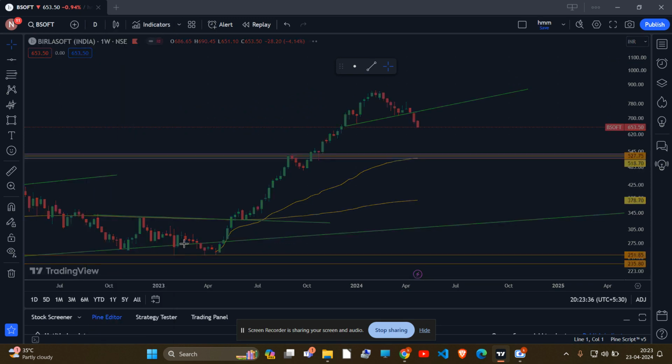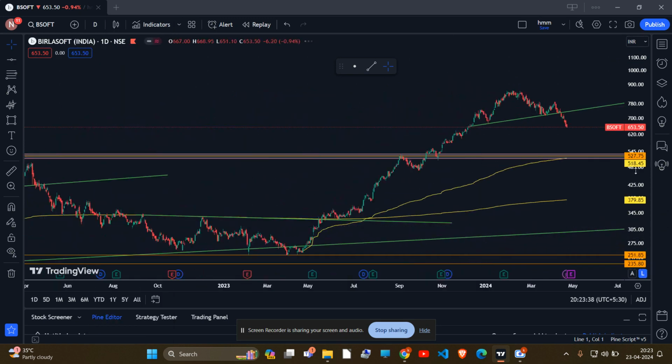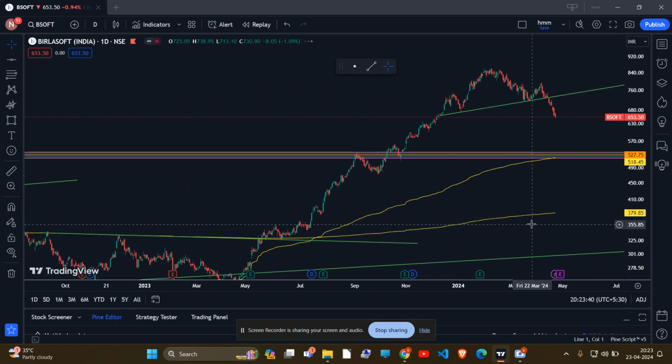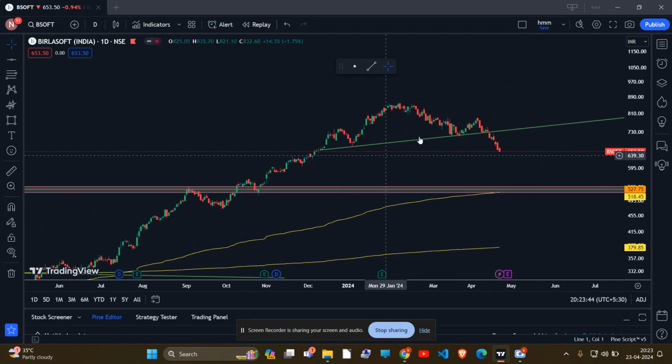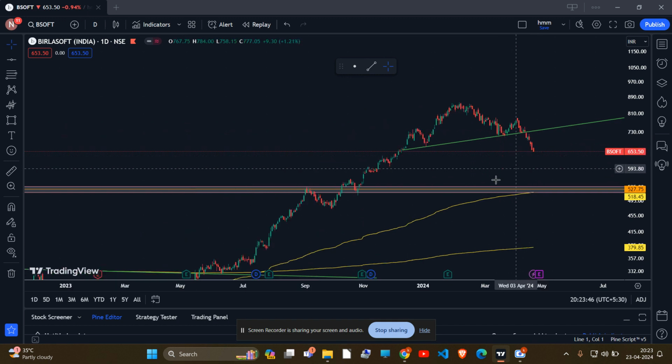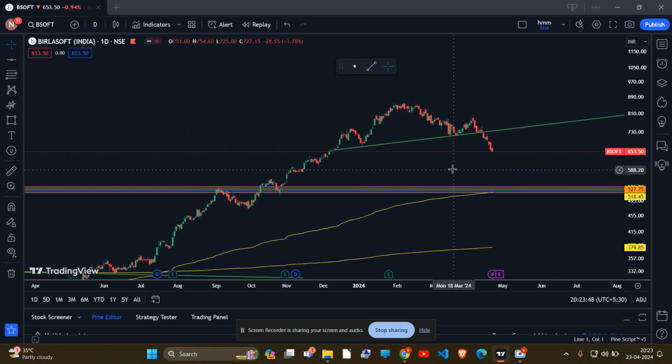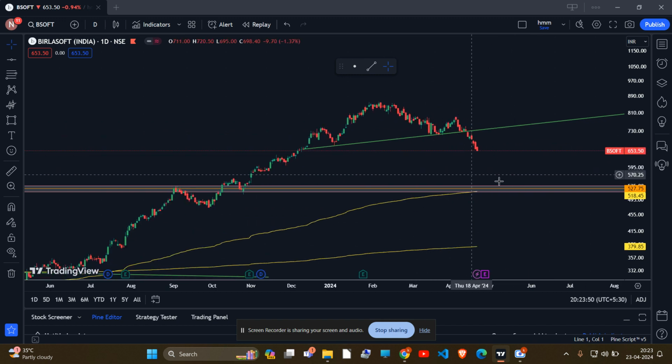And on daily time frame, we can use the simple moving averages to analyze the stock. And there's also a very beautiful head and shoulders pattern over here, as you can see.